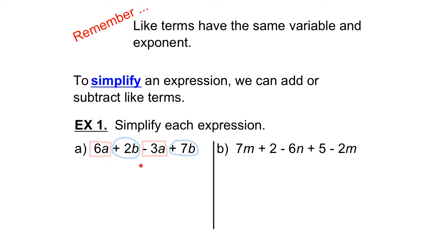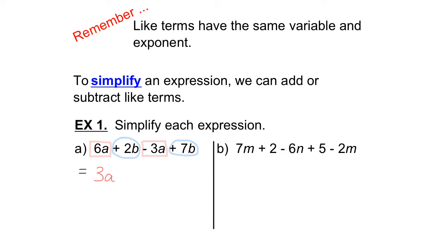Now that I've identified my like terms, I can add them together. 6a minus 3a, well, you can think of it something like I have 6 apples minus 3 apples. How many apples do I have? I have 3 apples now. It's the same idea. Also here, I have 2 baseballs plus 7 baseballs.